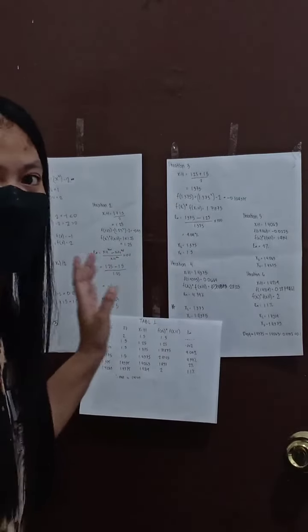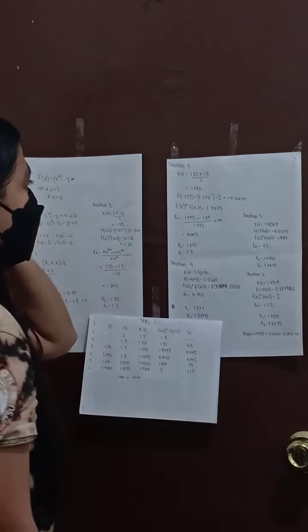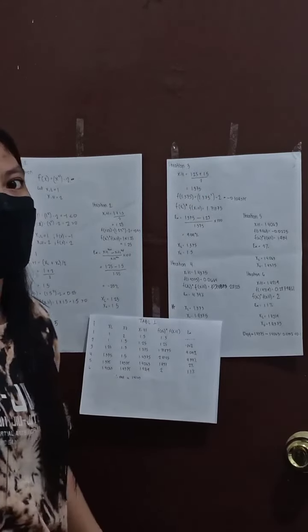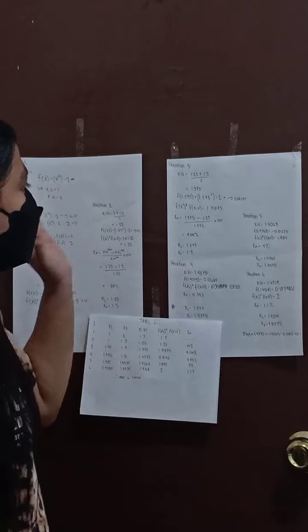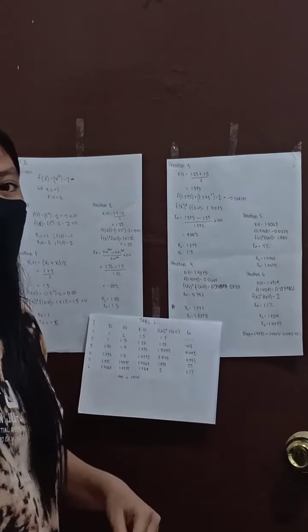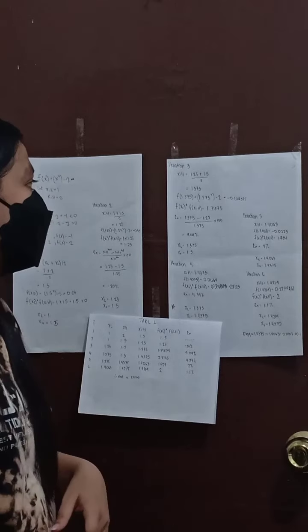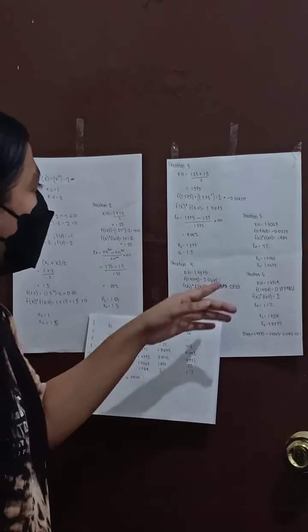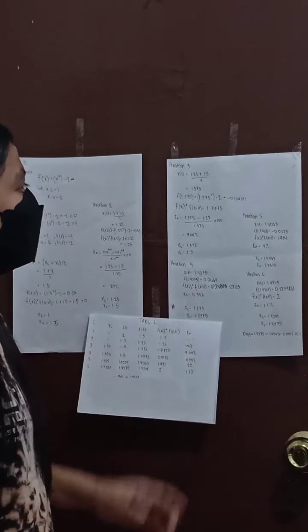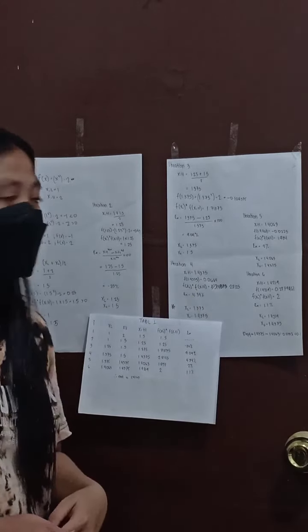So in iteration 3, same process as iteration 1 and 2. So xi plus 1 equals 1.375. f(x) equals negative 0.109375. Then f(xl) times f(xi plus 1) equals 1.71875.